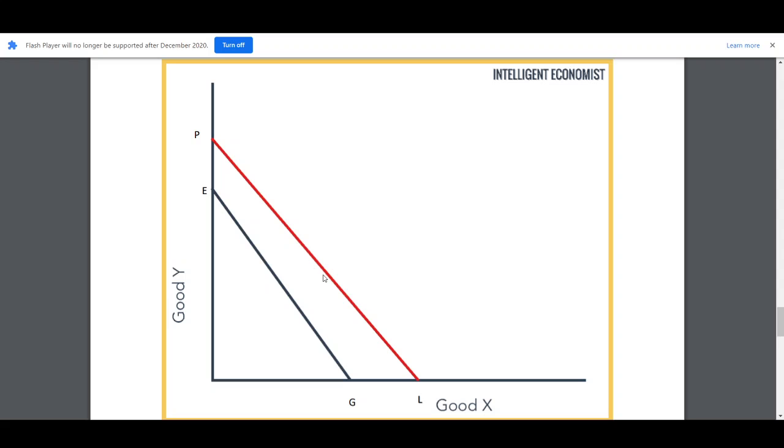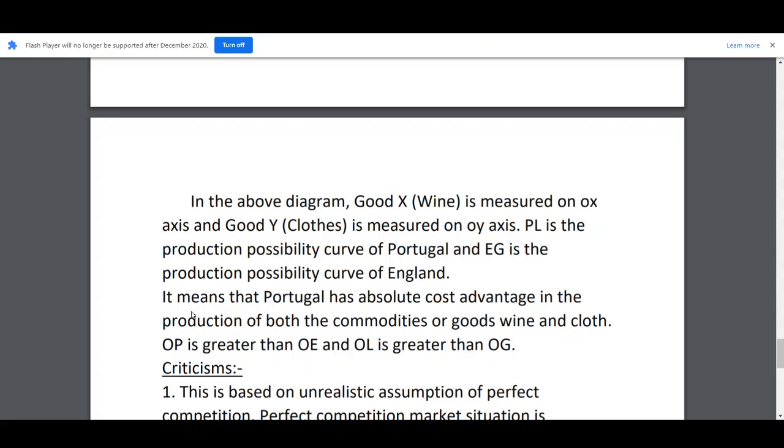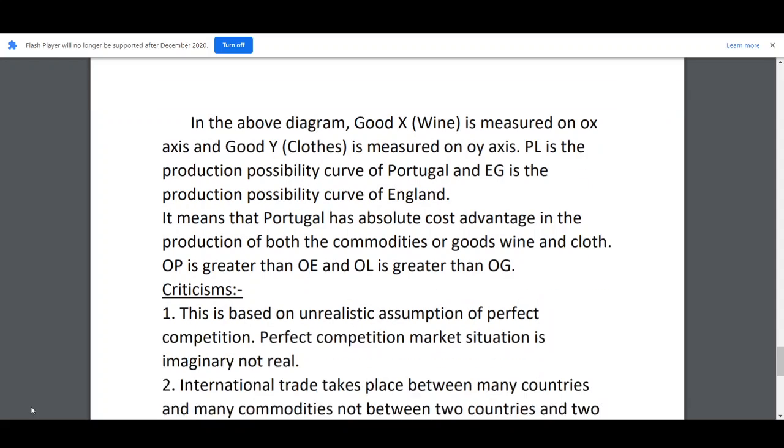So Portugal has more benefit in the production of both the commodities, wine as well as cloth. In short, this is the basic of the comparative cost theory of international trade, which is given by David Ricardo. Okay, my dear students, I think you understood everything.